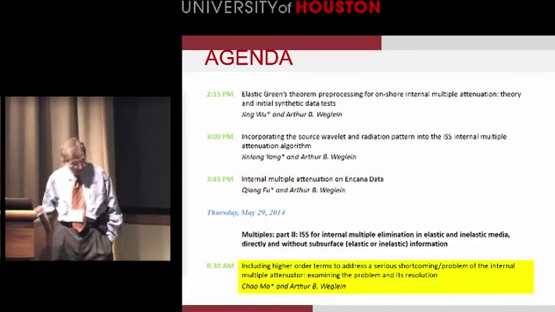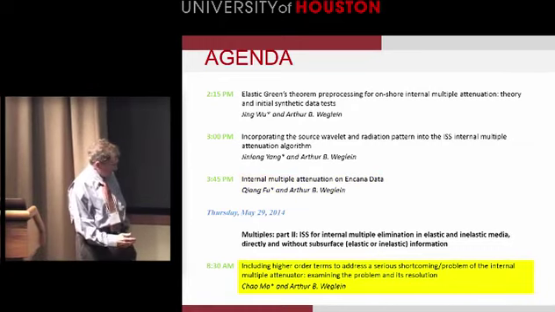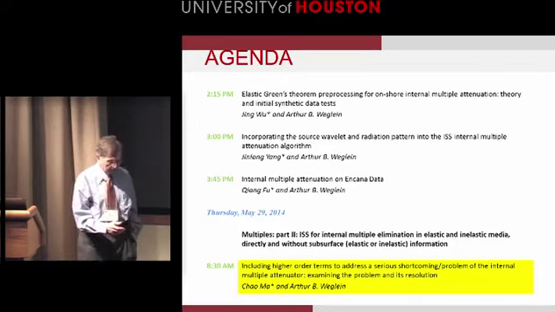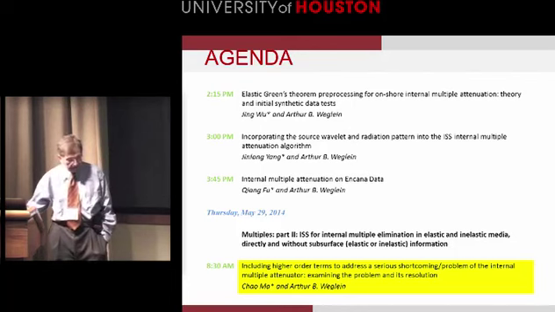Okay, then Chow Ma is going to discuss one of the shortcomings of the ISS attenuator, the spurious predictions, and show how to deal with them and the results of that contribution.